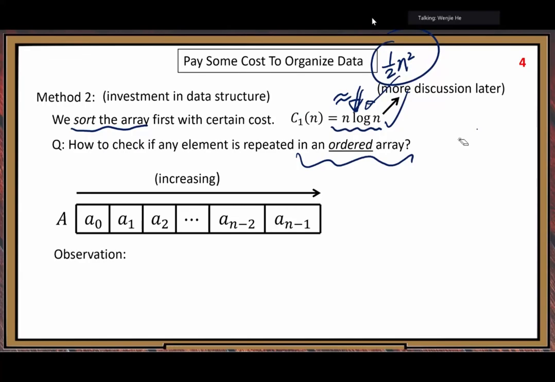But after the sorting, you do not need to do global comparison anymore. You only need to do adjacent comparison. We only need to compare 2 adjacent elements, because the whole array is sorted. If we want to check if 2 elements are the same, you only need to compare adjacent elements. So that's another change from global view to local view example.